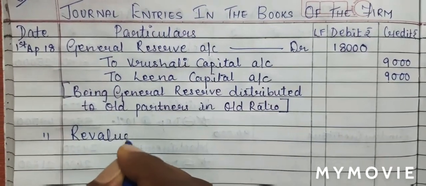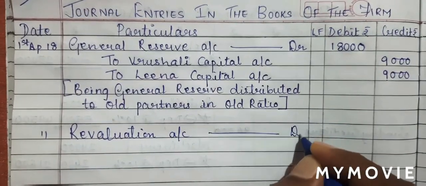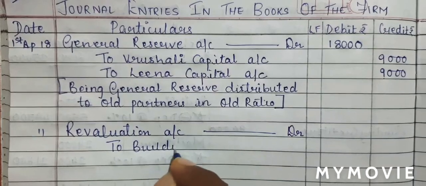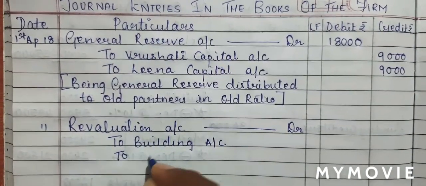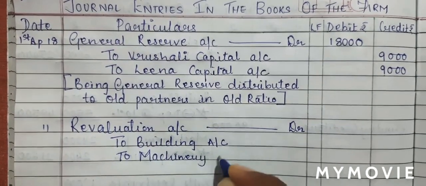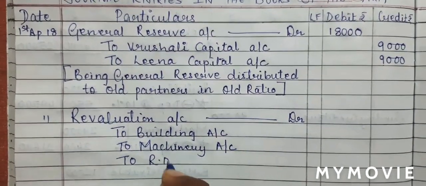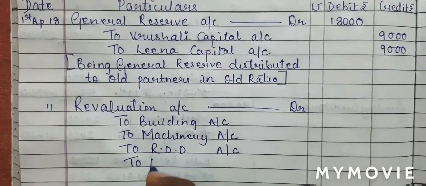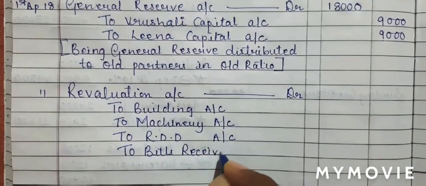So our entry will be revaluation account debit to building account, to machinery account, to RDD account and to bills receivable account.